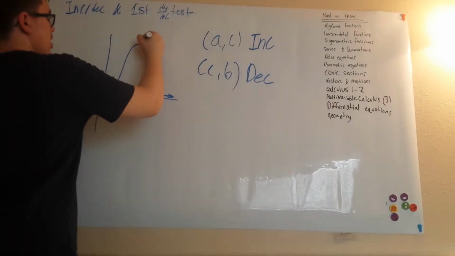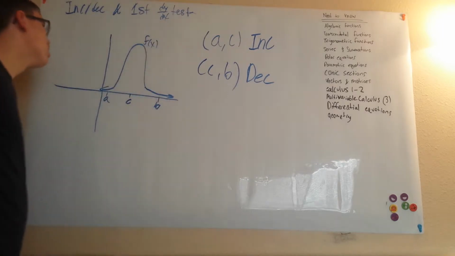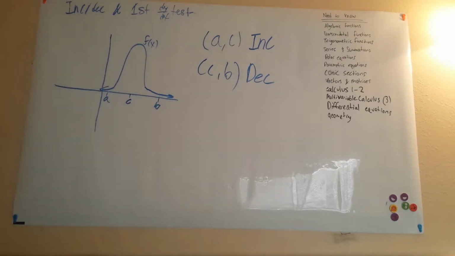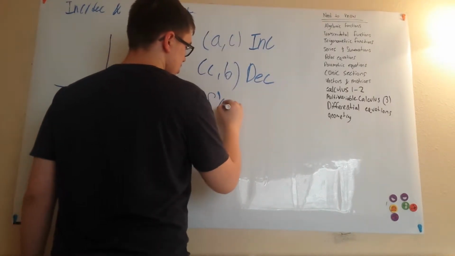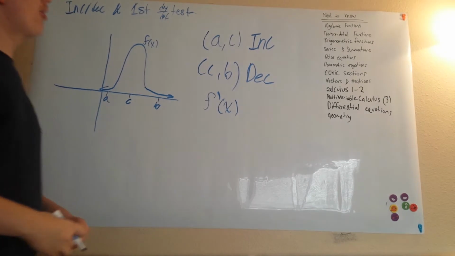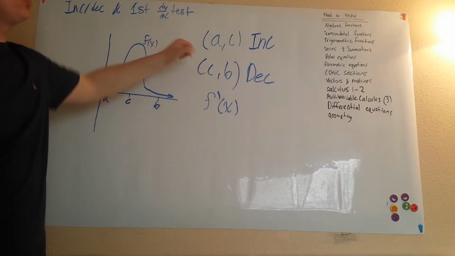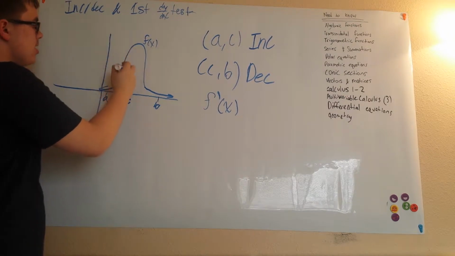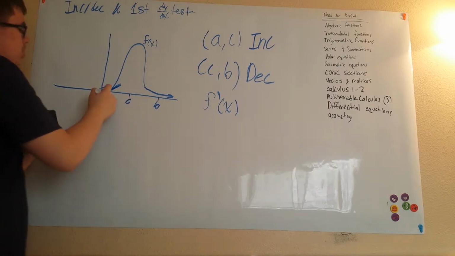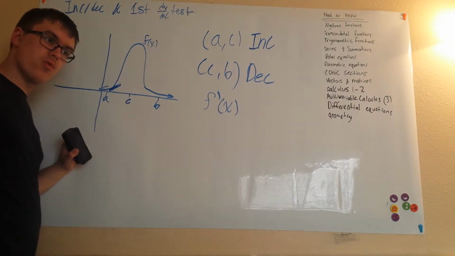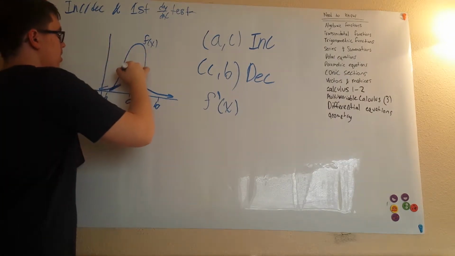So if this is f of x, what do you notice about f prime of x from A to C? From A to C, I'll draw a tangent line. What is the slope here? Is it positive or negative? It's positive.